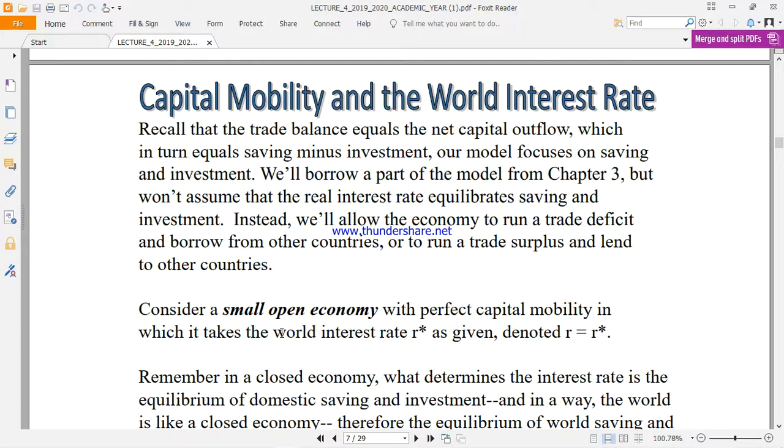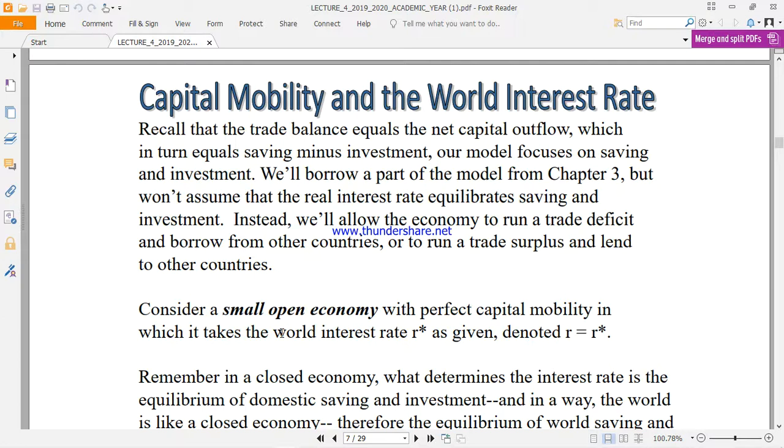Or we are also going to analyze it from the other viewpoint, where we run a surplus, where instead of borrowing, we lend to other countries. So we are going to look at this from those two different standpoints.